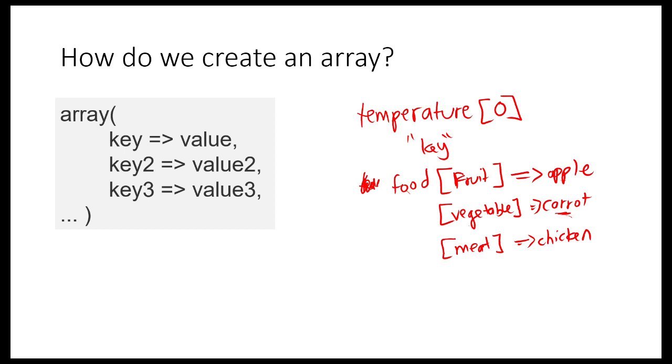So I might say computer, serial, and then cost. So serial is whatever, 1, 2, 3, 4. The cost is $1,000.